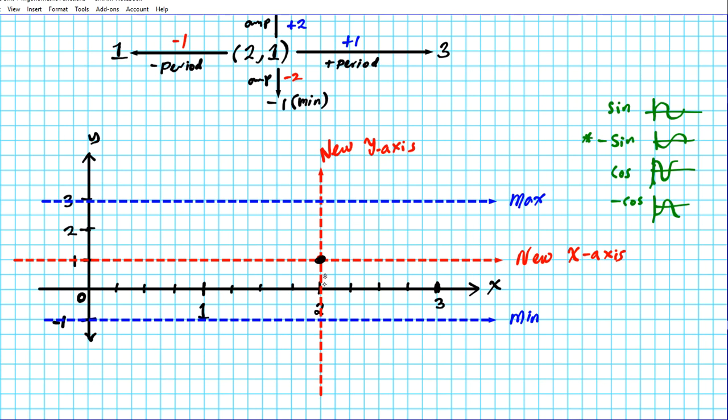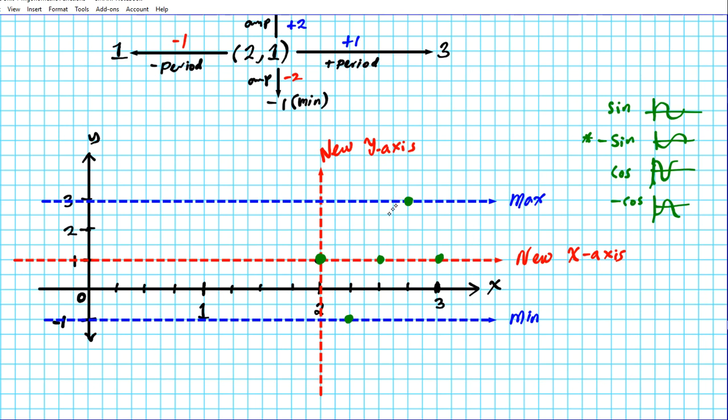So let's go ahead and put in the points to guide the construction of the curve. So from the origin, 1 tick mark takes you to the minimum. 1 tick mark takes you back to the center. 1 tick mark takes you to the maximum. 1 tick mark takes you back to the center. This is one complete period of the negative sine function.